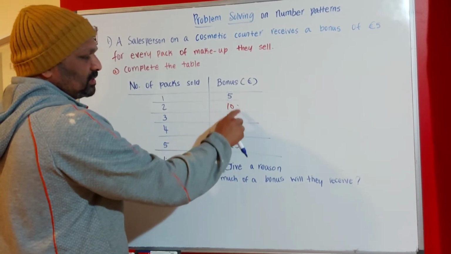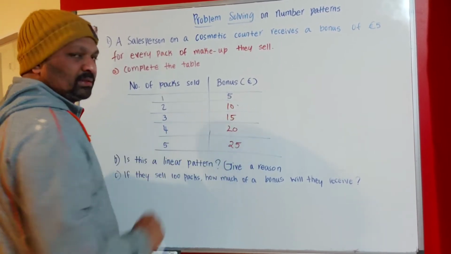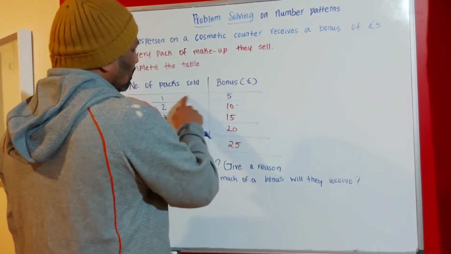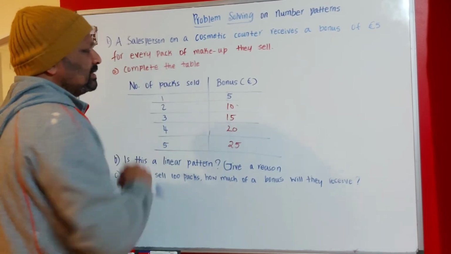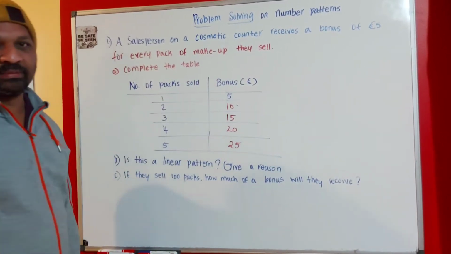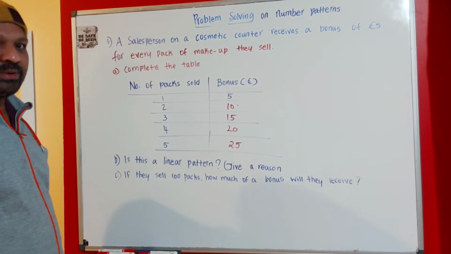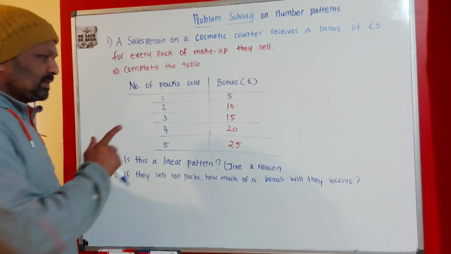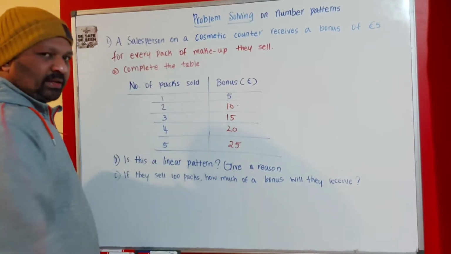This to this 5, this to this 5, this to this 5, this to this 5. And also, assume that he is selling 0 packs. How much bonus is he going to get? He's going to get 0. That is why this is an arithmetic progression, and that is why this is a linear number pattern.